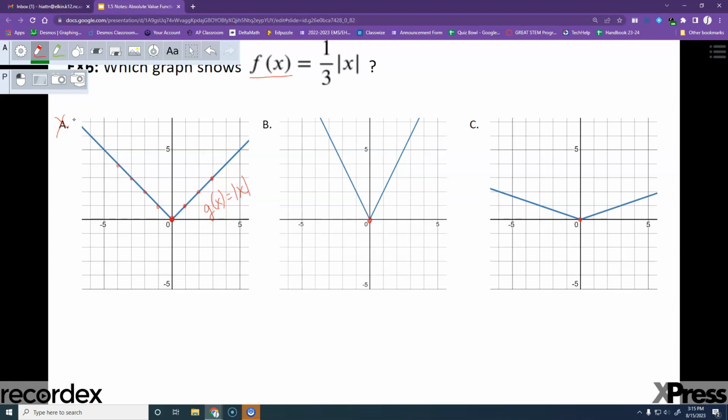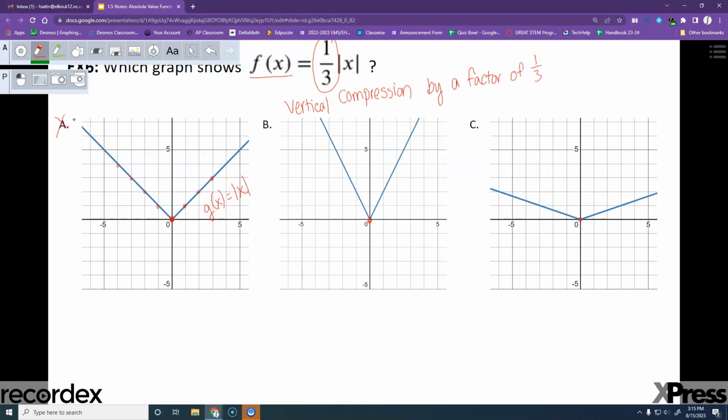If we look at our second graph, we can see here, when I've got 1/3 right here, that means that we're going to have a vertical compression by a factor of 1/3.